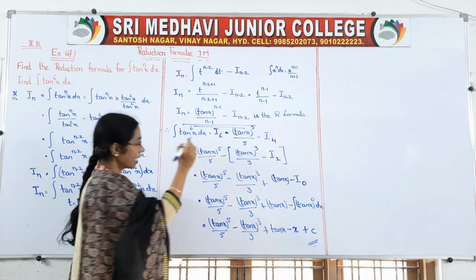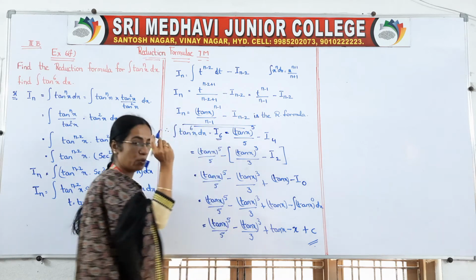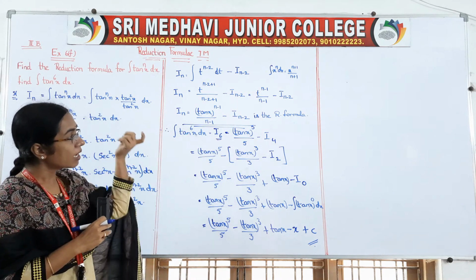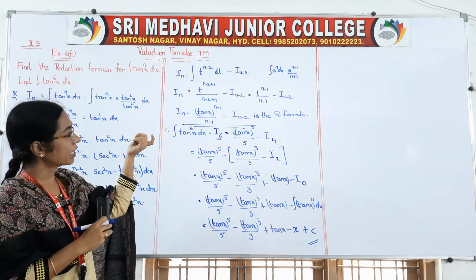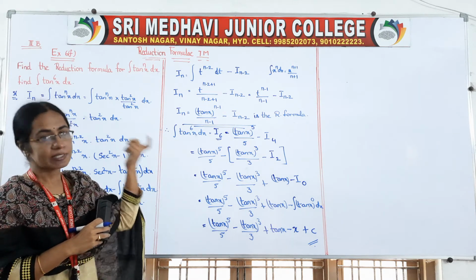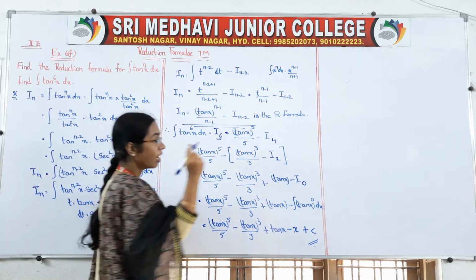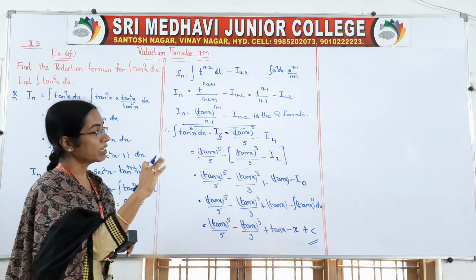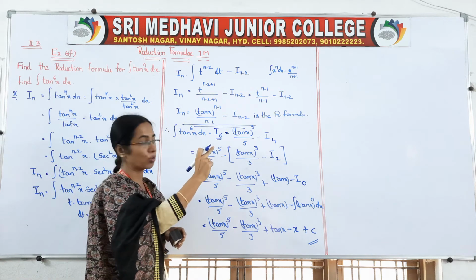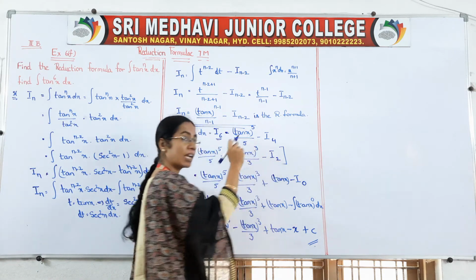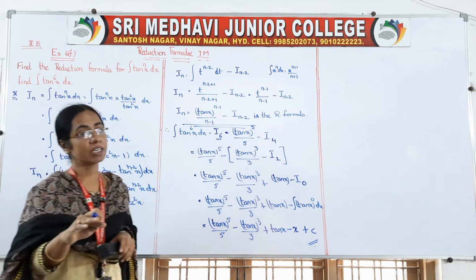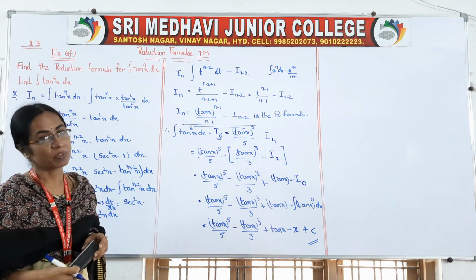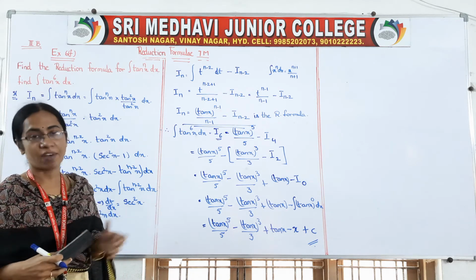So if we want to find I6 in the reduction formula, wherever n is there, we substitute 6, right. Then we got I4; in the reduction formula, wherever n is there, you substitute 4. Then again we get I2; wherever n is there, you substitute 2, right. Then you will get your value.